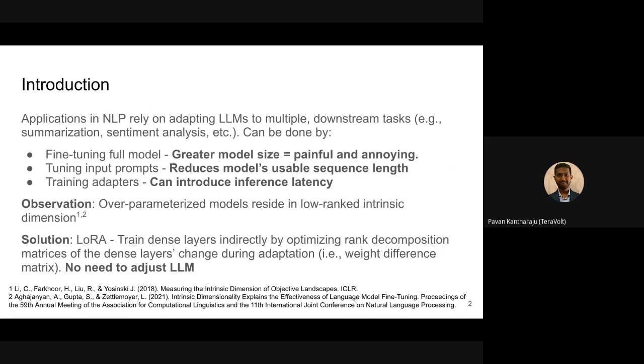If you have a d-dimensional model, let's say 1,000, there's some dimension size where you actually start seeing solutions to problems. If you have 1,000 parameters, but you see solutions after the first 10 dimensions, your intrinsic dimension is 10.